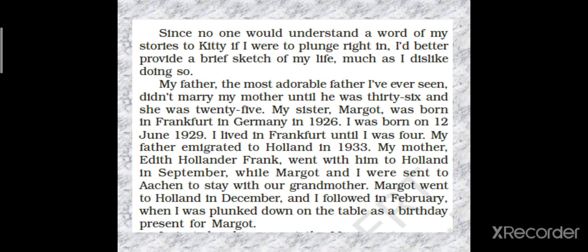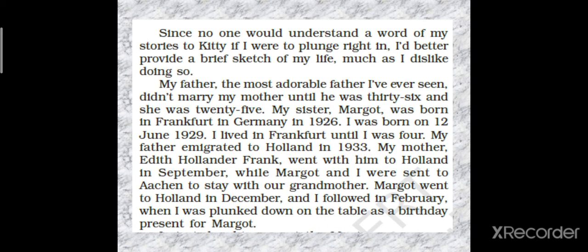"My father, the most adorable father I have ever seen, didn't marry my mother until he was 36 and she was 25. My sister Margot was born in Frankfurt in Germany in 1926. I was born on 12 June 1929. I lived in Frankfurt until I was 4.